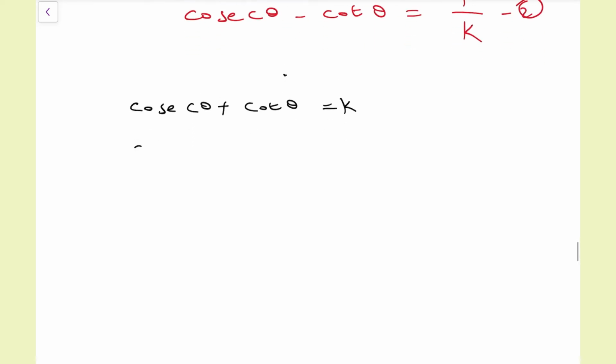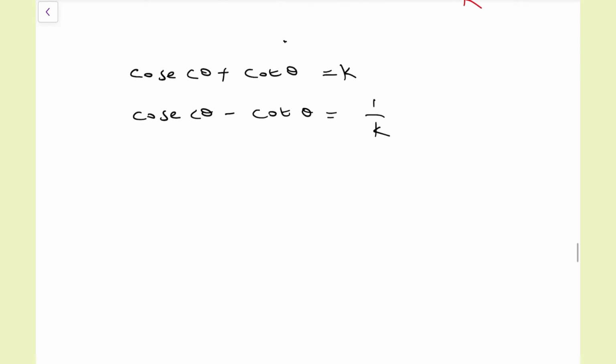Now write both the equations together. First equation is cosec theta plus cot theta equals k, and the second equation is cosec theta minus cot theta equals 1 by k. I am adding these two equations. So plus cot theta and minus cot theta cancel.